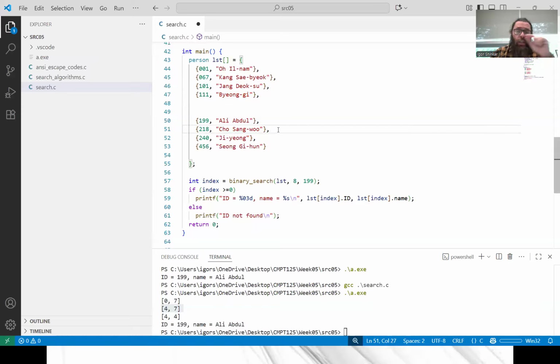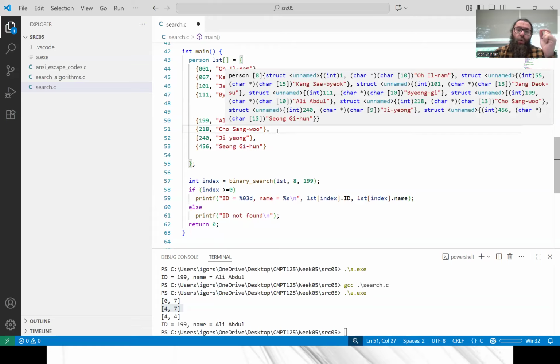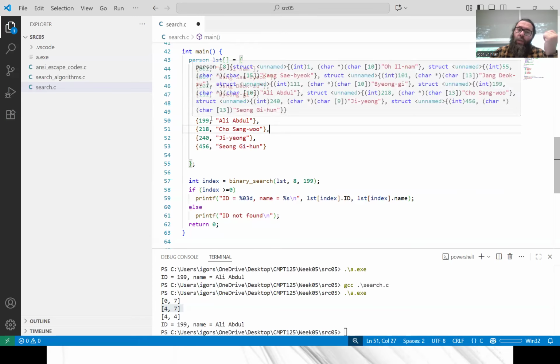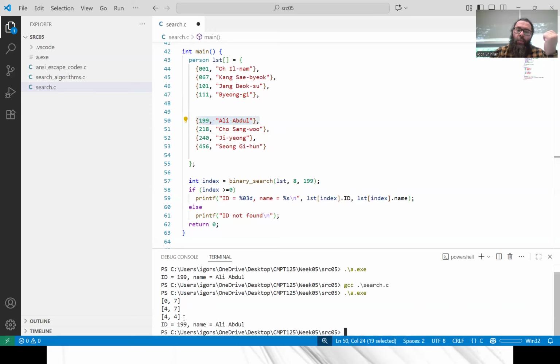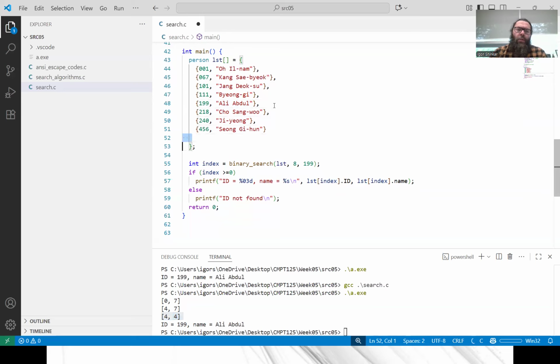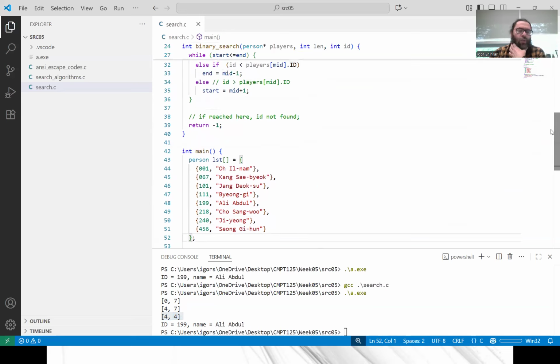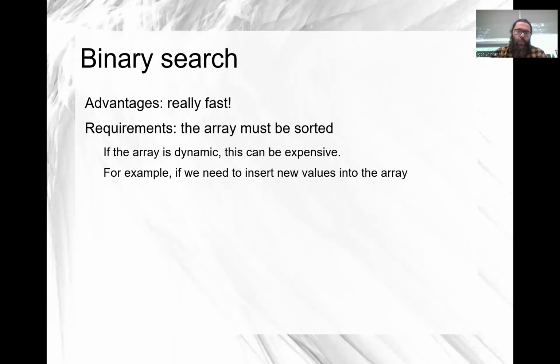No, we're looking for 199. Do we need to look before or after? Is the number smaller or greater? It's smaller, so then we reduce to this subarray. The subarray is 4, 4, and then we just find it. Do some debugging yourselves. I think it's a very useful exercise to do, so please do it.